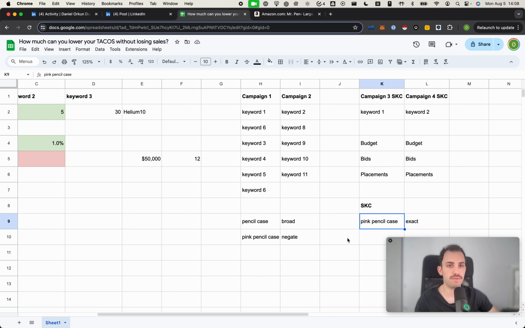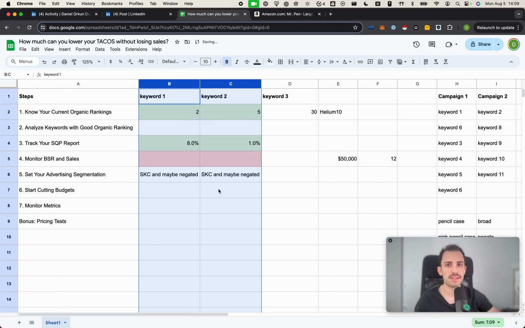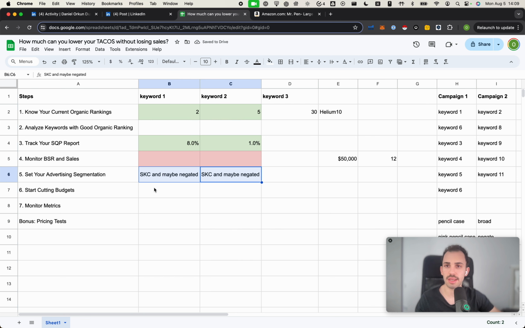So you can control its budget, placements, bids, everything. So we have single keyword campaigns for keyword 1 and keyword 2, and we know that those keywords are not populating somewhere else. Let's call them single keyword campaigns, and I'm just going to call it maybe negated. We don't want to negate too much when it's working, so depending on the structure, we might or might not negate.